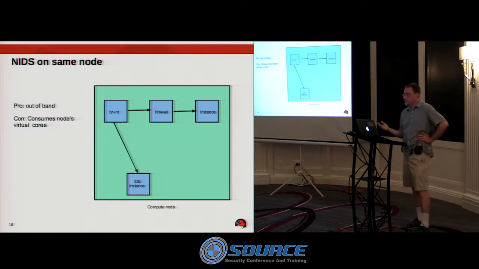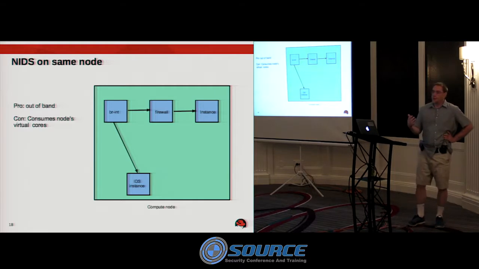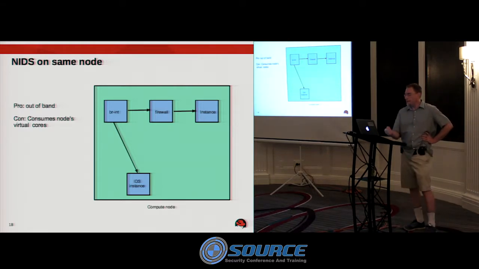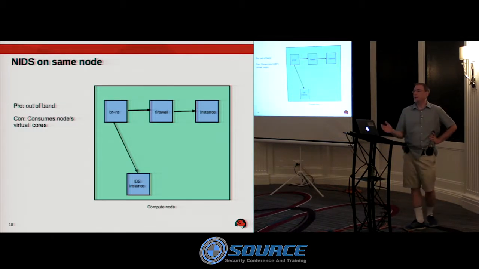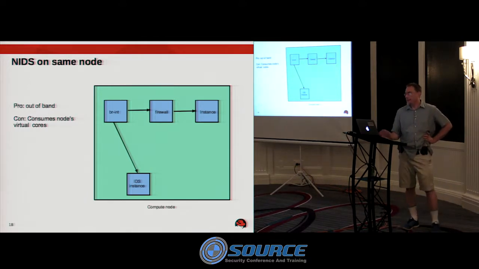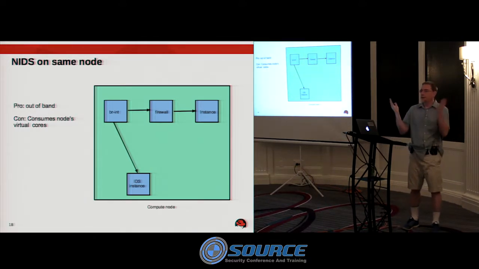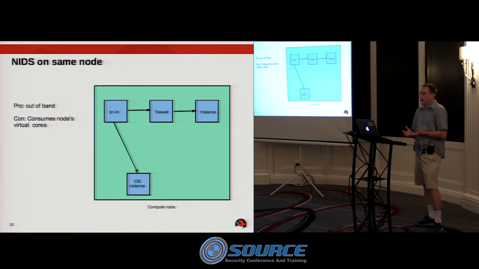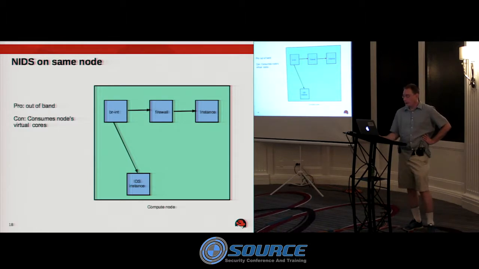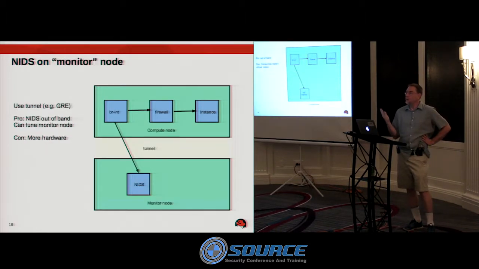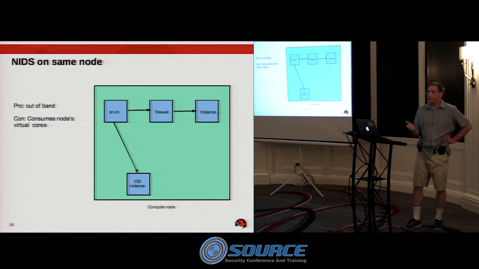So you're burning some of your virtual core budget for your IDS, and that can take away from your normal instances. And if you're fanning in traffic to that IDS, it can consume a lot of CPU. And remember, when an IDS drops any packet, that can be a false negative. You might think the traffic is okay when it's really not.